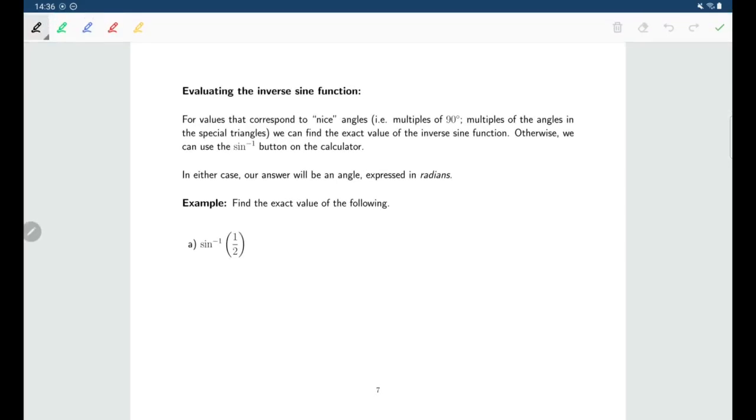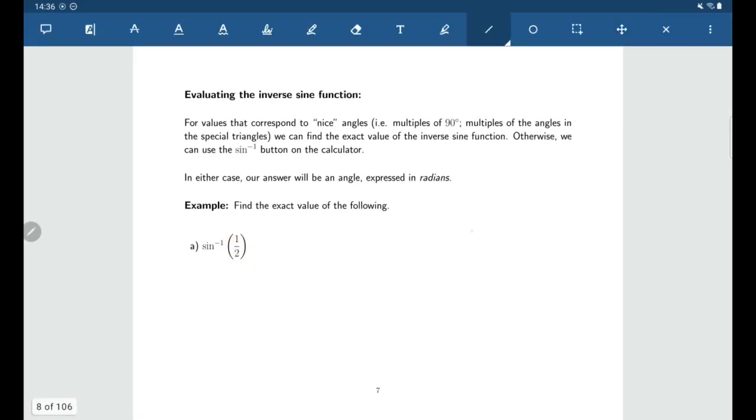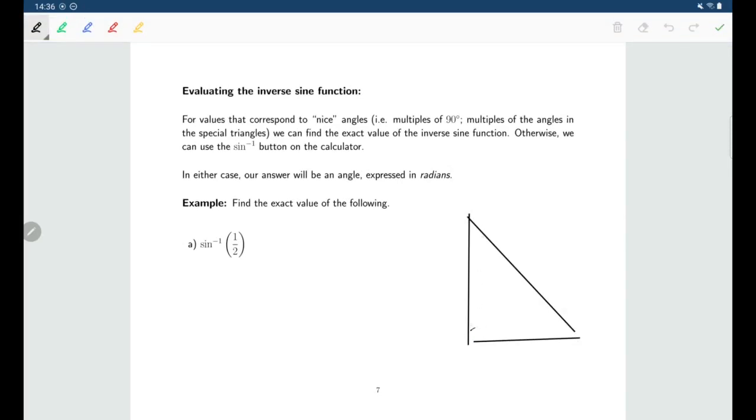So for example, I'm looking at this sine inverse of a half, and I happen to know that there is a special triangle out there where I do get a value of a half for sine x, and that's our old friend, the 30, 60, 90 triangle. So pi over 6, pi over 3, and pi over 2, if we're thinking in terms of radians.